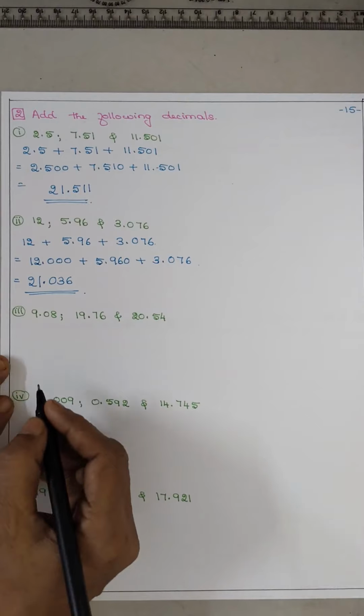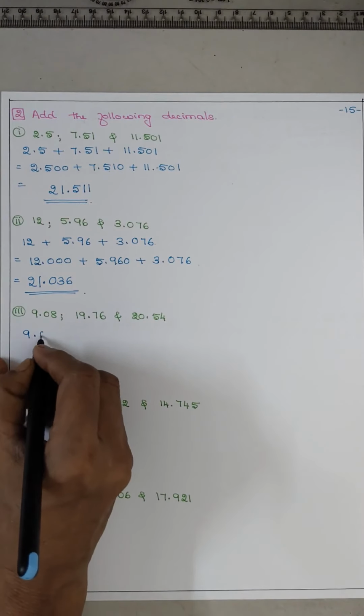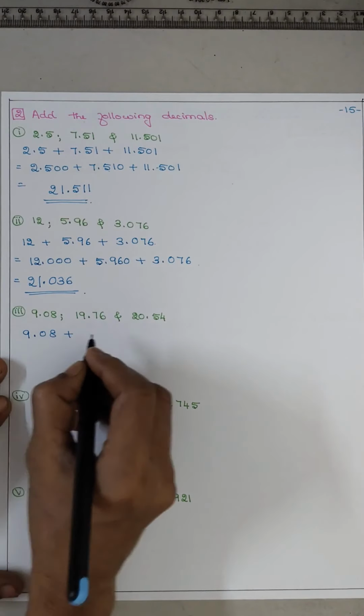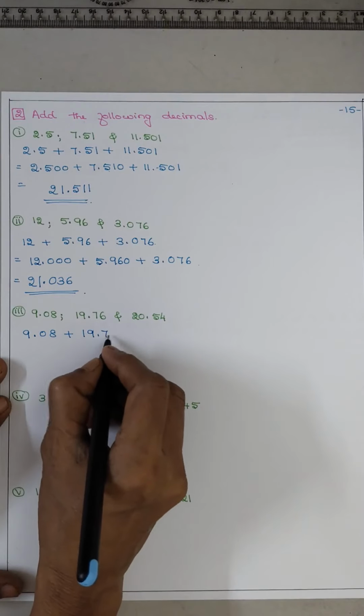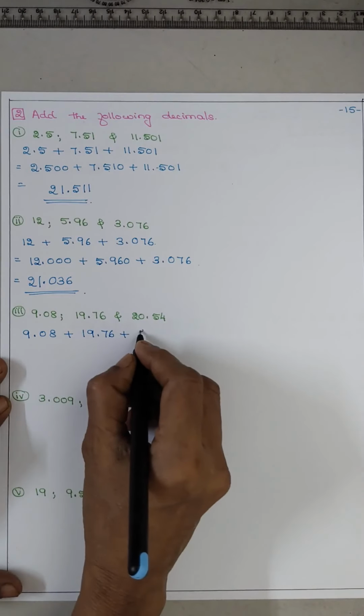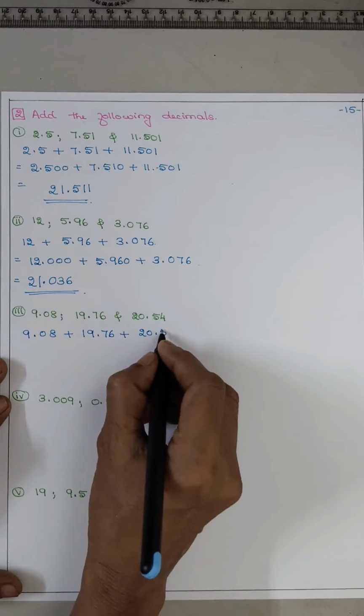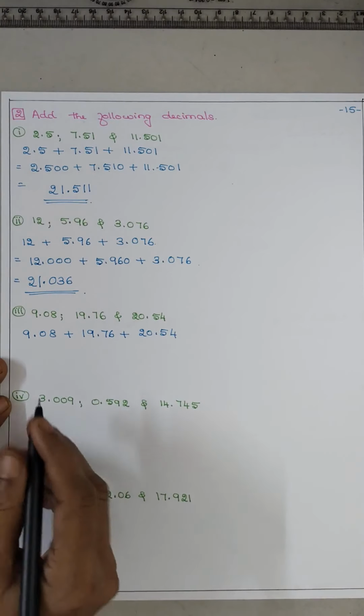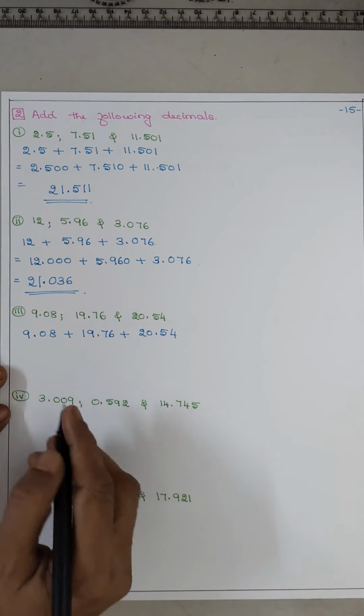The third sum, 9.08 plus 19.76 plus 20.54. All are in 2 decimal places.